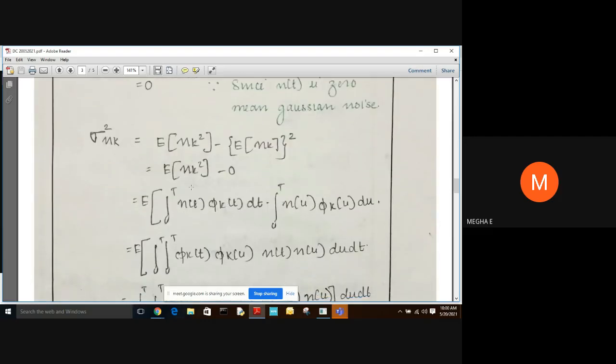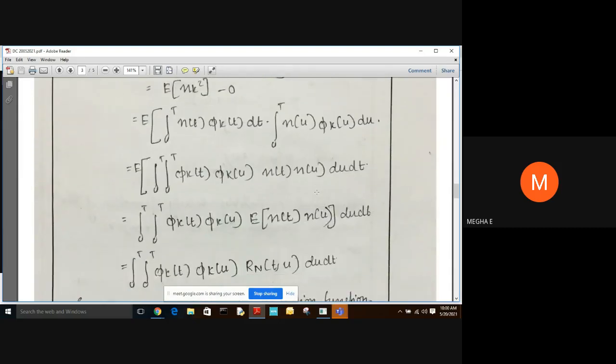So we will substitute for nk the equation we already know, integral 0 to t n of t phi k of t dt, and for the second nk we take another variable, integral 0 to t n of u phi k of u du. Now taking the two terms phi k of t and phi k of u, n of t, n of u, du dt, we will find the expectation of n of t and n of u.